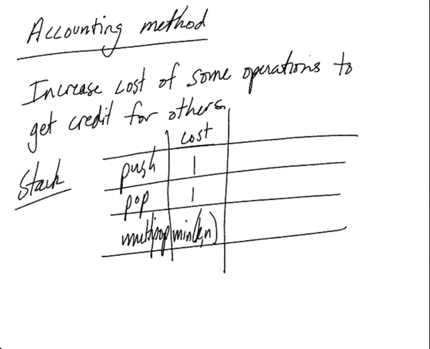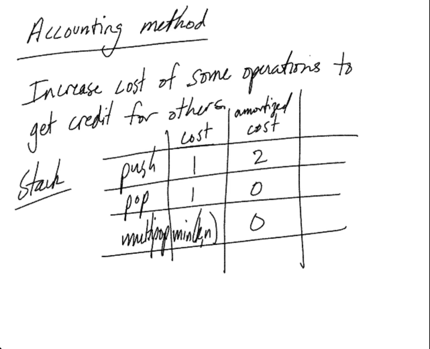Now what if we create something called amortized cost, and we're just going to pretend that push costs 2. So say $2. Pop is free and multi-pop is free.